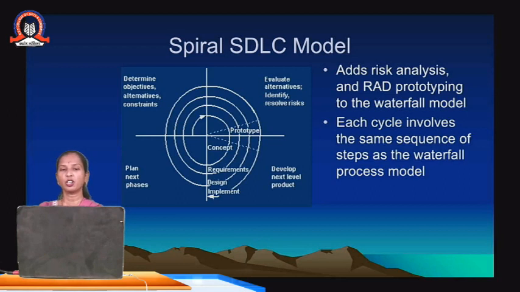This process is executed in a layered fashion. It also has the task of identifying and resolving risk. That is one more layer added in the spiral model, which we have not seen in the earlier models, that is incremental, waterfall and RAD.